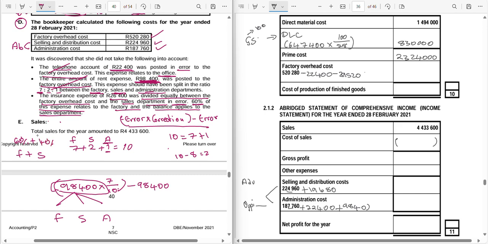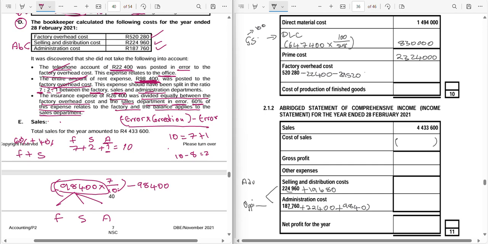So this amount, insurance, was divided equally between the factory overhead cost and the sales department in error. So when they say divide equally, what do they mean? What do you understand? That means 50% went to factory and then 50% went to the sales department.